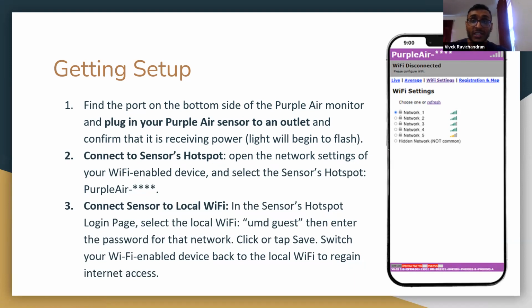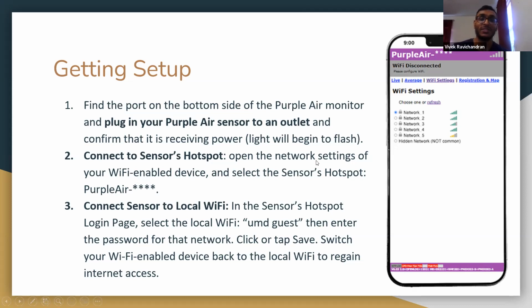Similar to when you're connecting to Wi-Fi on your phone, you'll go to settings and look for a connection that's labeled Purple Air, followed by the last 4 digits of the serial number of the device. Once you are able to connect to the Purple Air through the hotspot, you'll then connect to your local Wi-Fi.